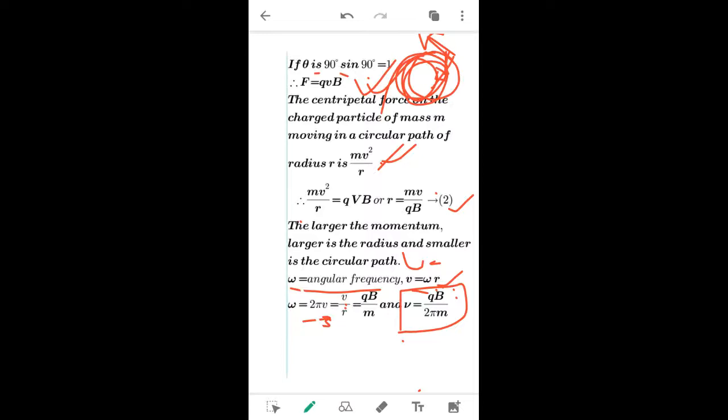Now if we see it in a 2-dimensional or 3-dimensional way, it will have a helical motion. The velocity component will be divided into 2, that is Vn and Vp.